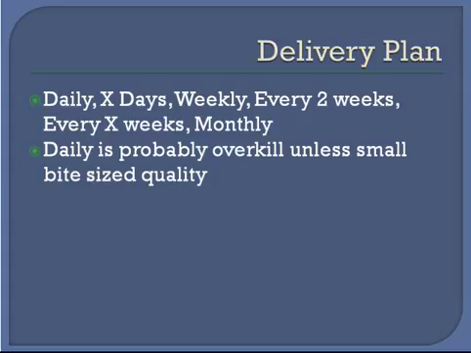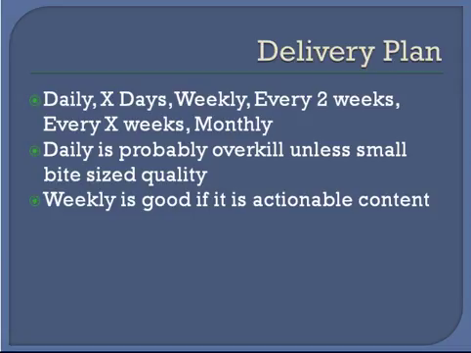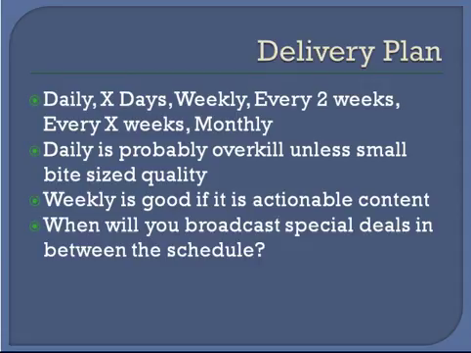Daily is probably overkill unless it's small bite-sized quality content, like I said earlier. So it depends on your audience. Weekly is good if it's actionable content. Most people are not going to have time to do something every single day, but they'll definitely have time to do it every single week. So like I said, think about your audience, think about your competitors, and then create a plan from that point.